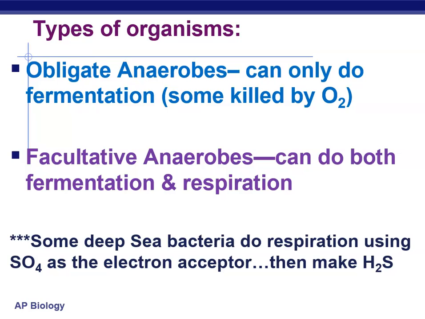A big difference, though, is how you turn NADH back to your NAD, which is required to keep glycolysis going. In fermentation, the final electron acceptor is an organic molecule like pyruvate, such as in lactic acid fermentation or alcohol fermentation.